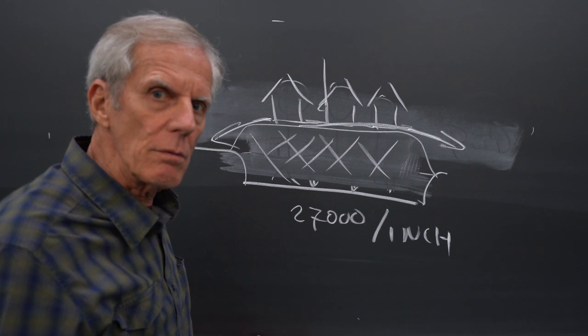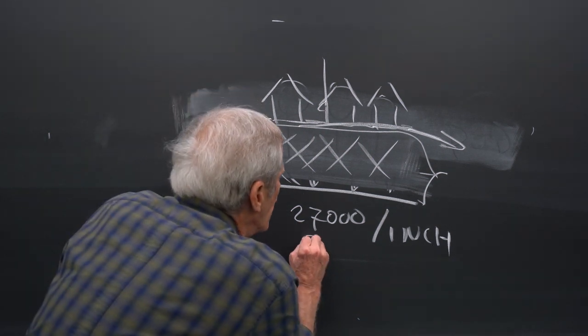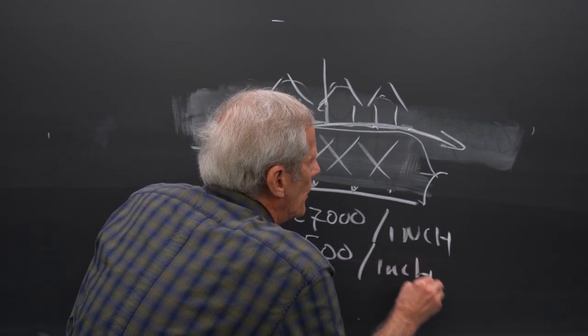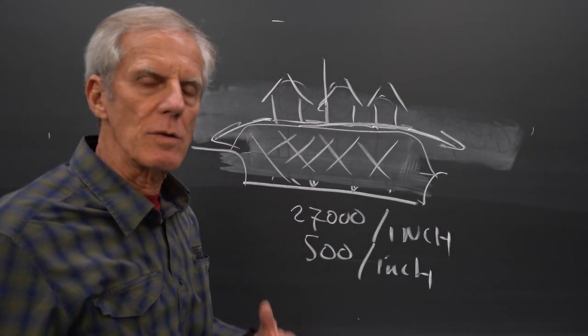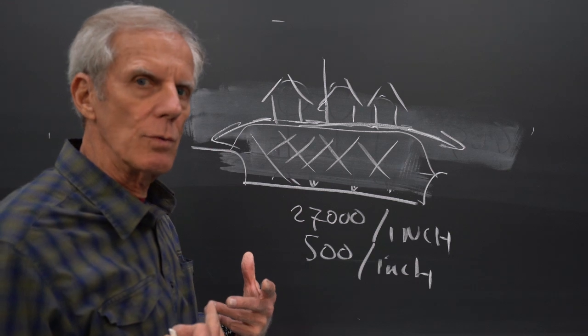A forest of the same size, a 1-acre forest, would shed about 500 gallons per inch of rain. So these particular kinds of developments are much closer to parking lots than they are to forests.